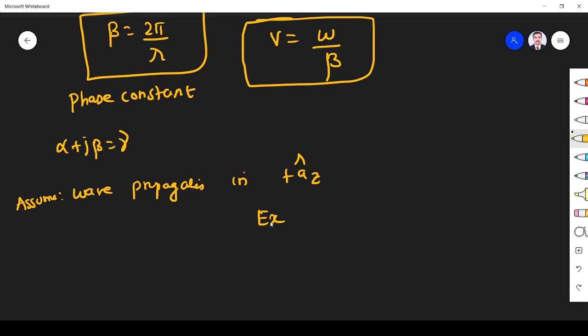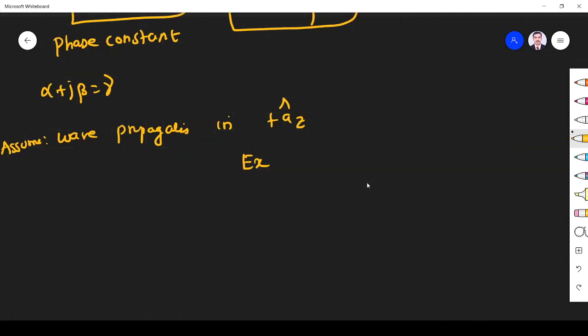Similarly, we will derive the magnetic field equation, but first we derive the electric field equation. So how can we write the electric field? E vector is equal to Ex, which is a function of z only, and Ax.